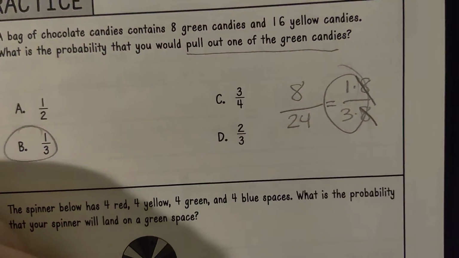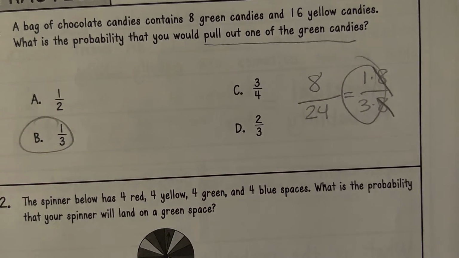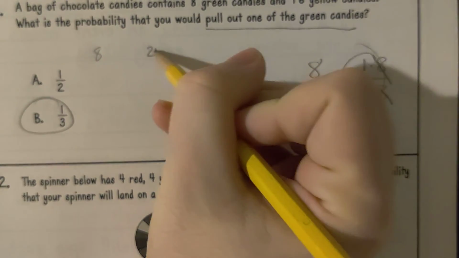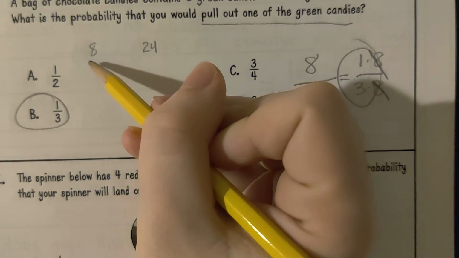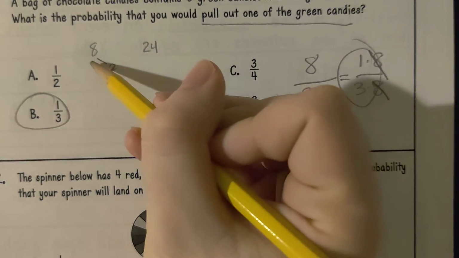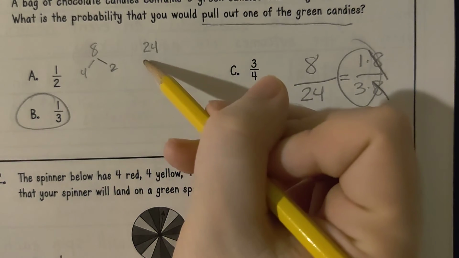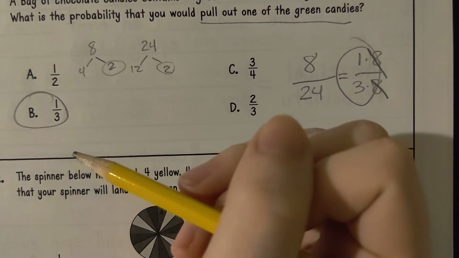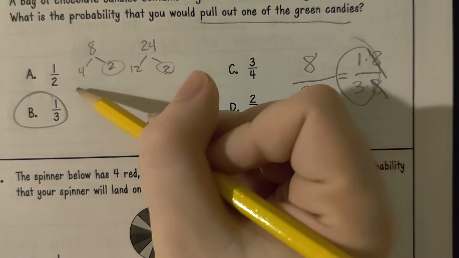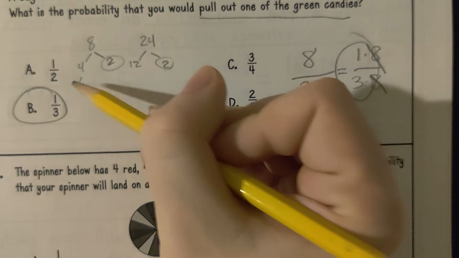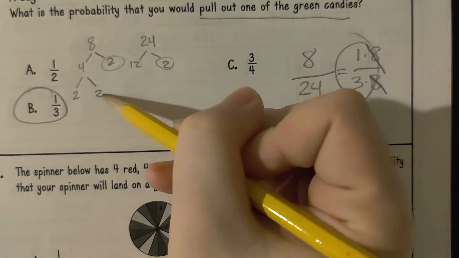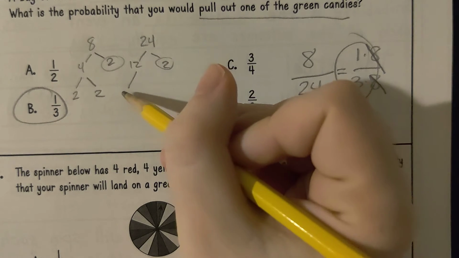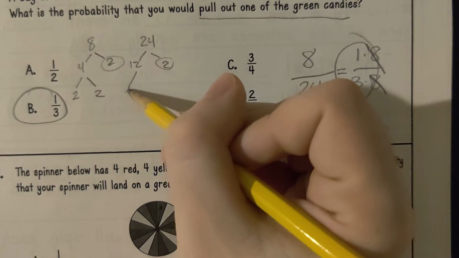I want to show you something if you're still not comfortable with dividing fractions or simplifying fractions. One thing you can do, write 8 and 24 and find a number that divides both of them. So there's 4 times 2 and 12 times 2. You know there's a 2 for both of them. They both divide by 2. And you just keep doing that. So 4 can go into 2 by 2. 12 can go into 2 by 6.